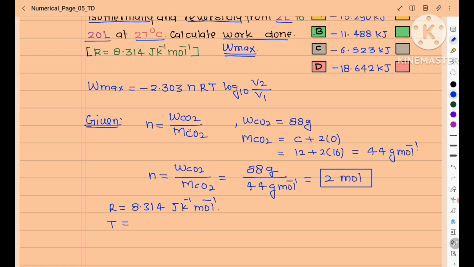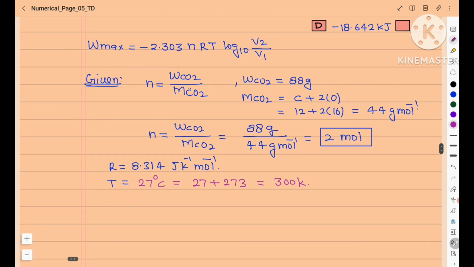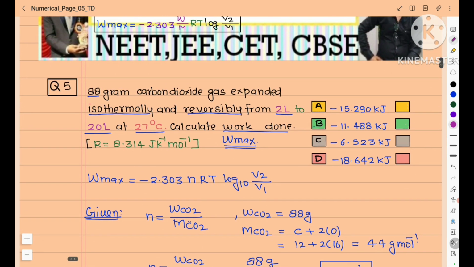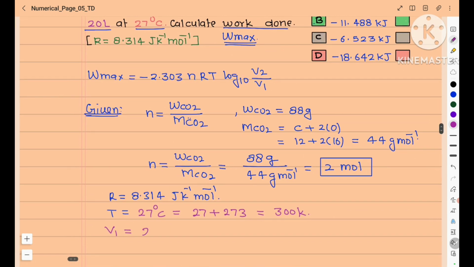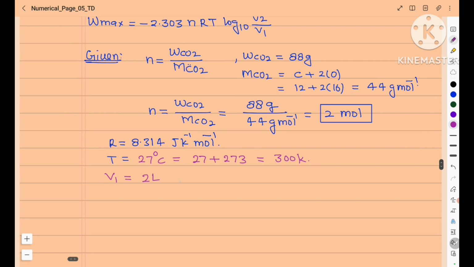Temperature is given 27 डिग्री सेल्सियस. सो हमें इसे केल्विन में कन्वर्ट करना होगा. सो केल्विन में कन्वर्ट करने के लिए 27 में 273 ऐड करते हैं तो ये हो जाएगा 300 केल्विन. And the initial volume is given, that is 2 liter, and the final volume is given, 20 liter.